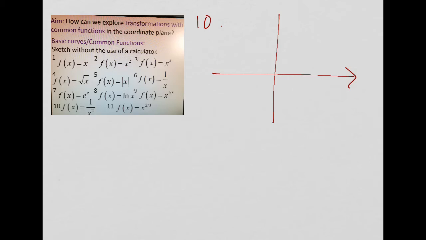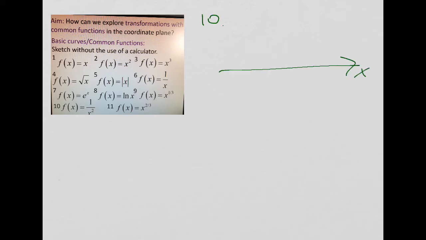Let's get a new color. Okay. So with 10, we have a horizontal asymptote at y equals 0 and a vertical asymptote at x equals 0.